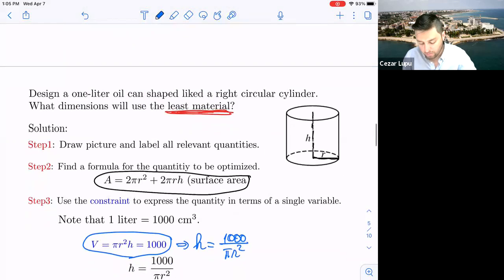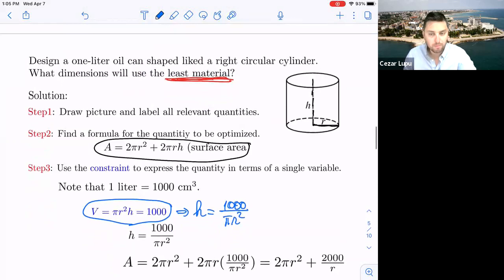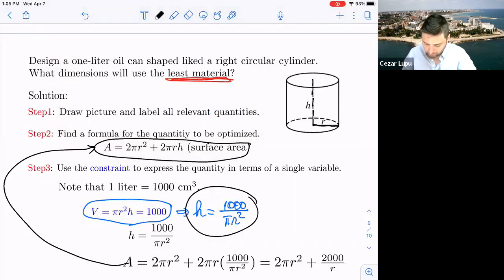And let's do so. Like I said, we have this h. And now we plug it into this formula here. The first part contains only r, so we don't have any problems. So it's 2 pi r squared plus the second part, 2 pi r times h.